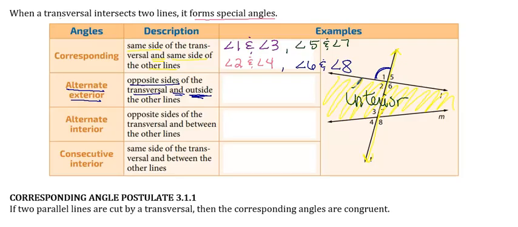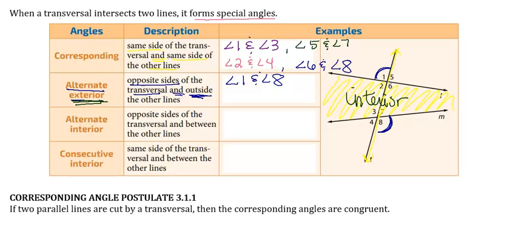So we want stuff exterior to that. So 1 is exterior, and then we have to go to the opposite side, and outside of the other line. So it's down here, 1 and 8. So angle 1 and angle 8 are alternate exterior.